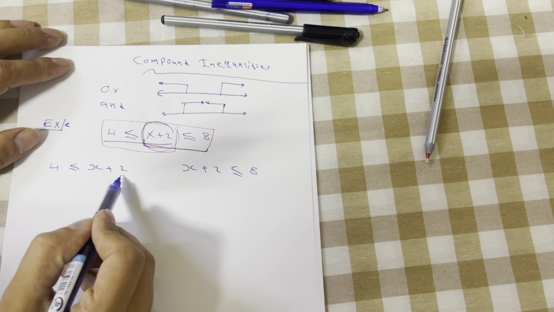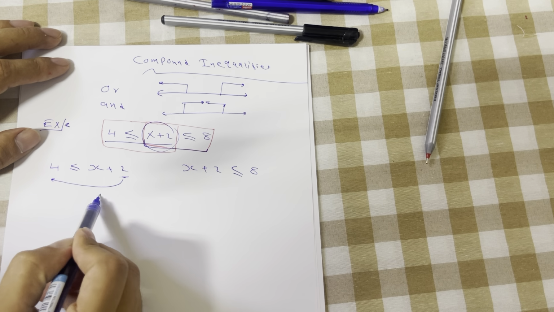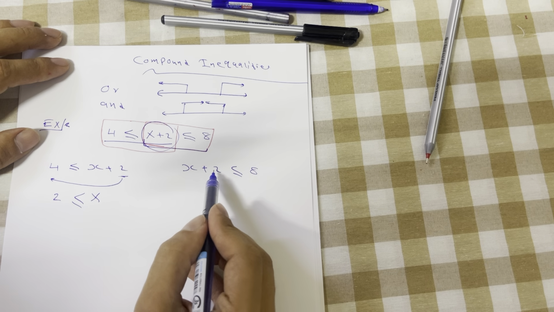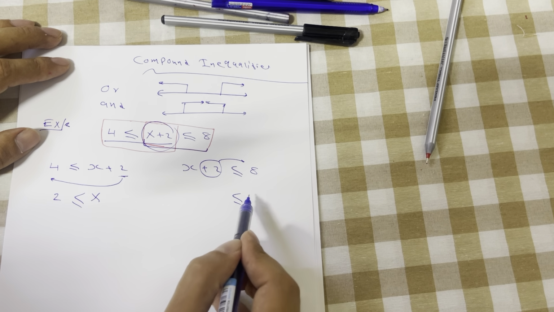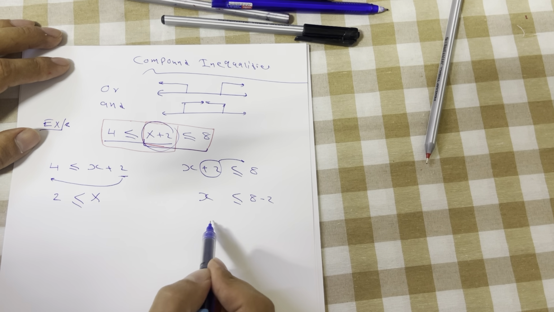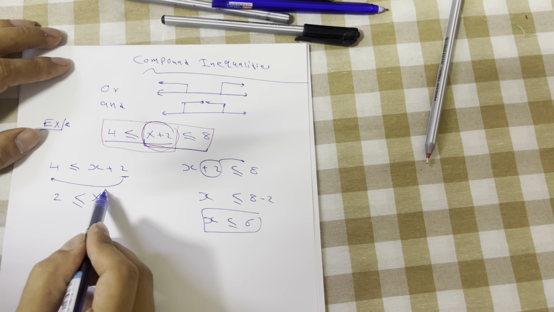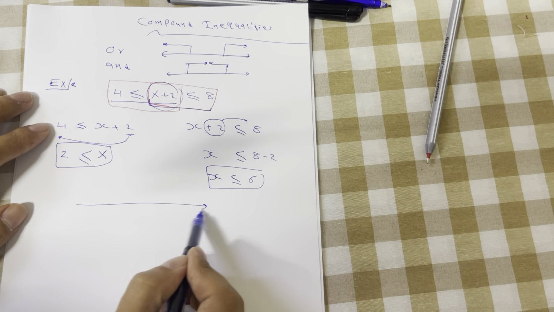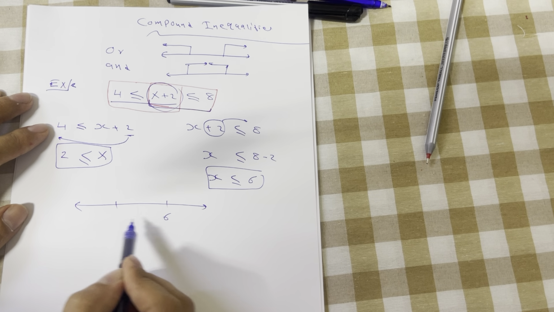Now I have to move the 2 to the other side to find the x value, and it will be 2. And for this one, you move the 2 to the other side, so it will be 6. Now if I write on the line, we have 2 and 6.